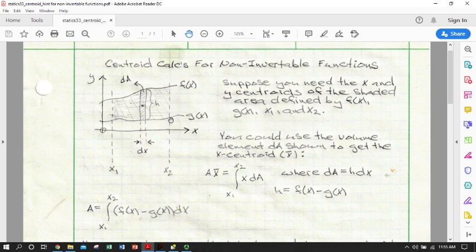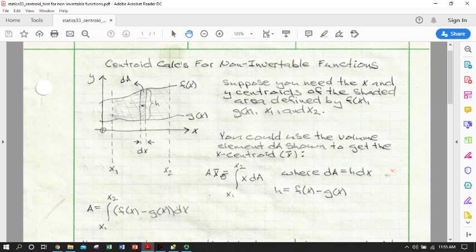So if you were going to get the x centroid, that's pretty easy. You would just take this whole area times the x centroid, integrate x dA between x1 and x2, and dA would be in this case equal to the height of what we define as this strip, and that height's pretty easy. It's just f of x minus g of x dx.